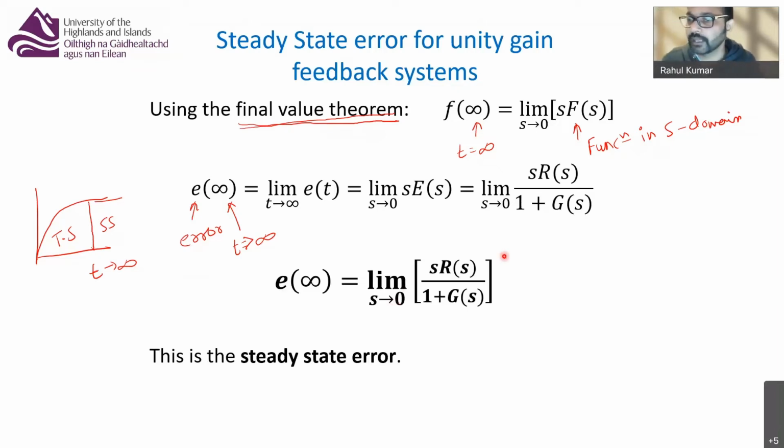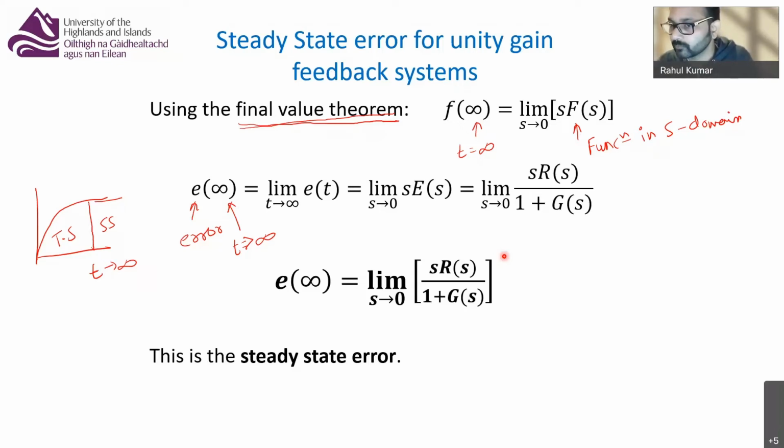Okay, so I will use this formula for steady state error to calculate the error for different types of input. So I am considering three inputs: unit step input, ramp input, and the parabolic input.